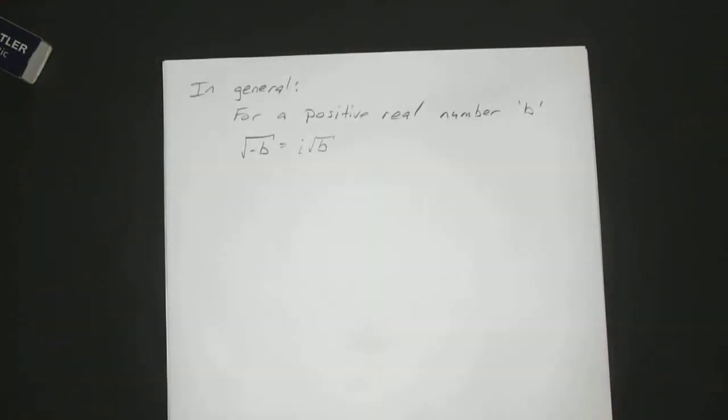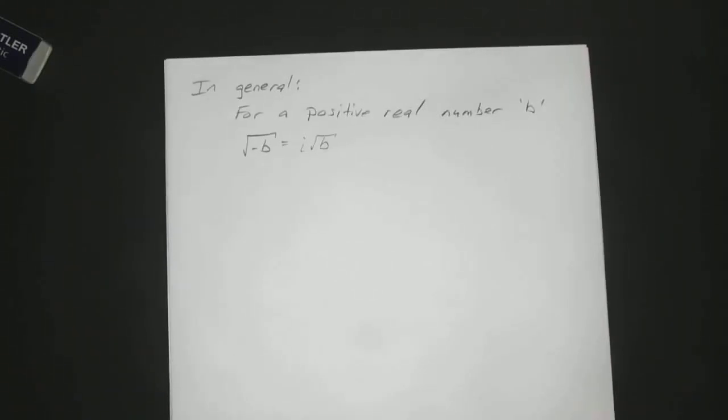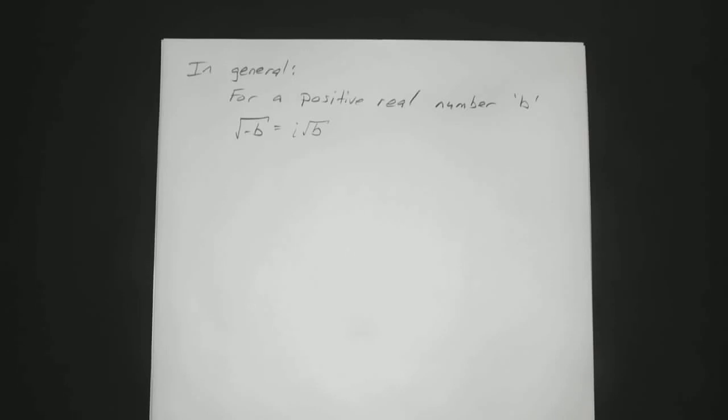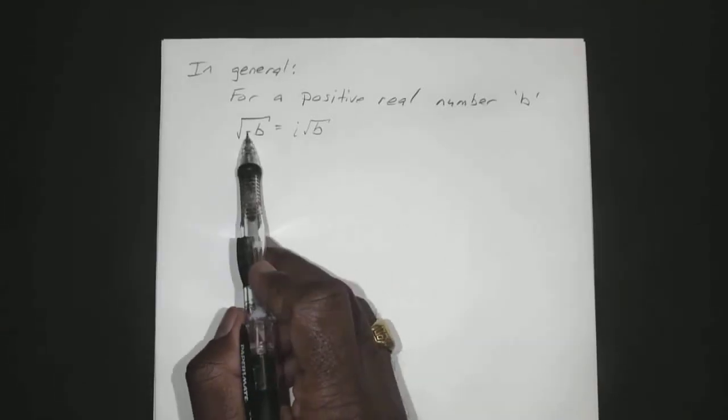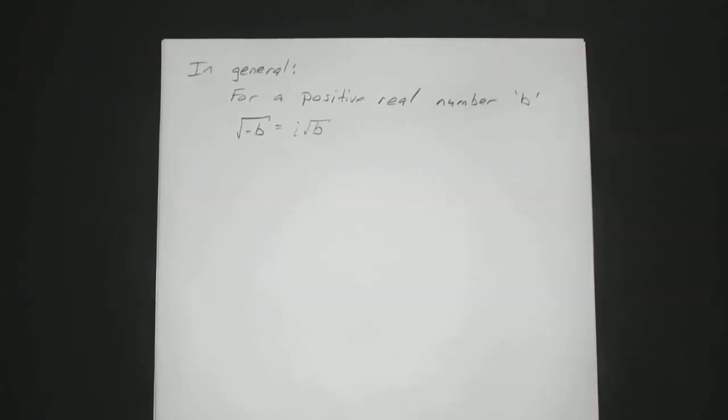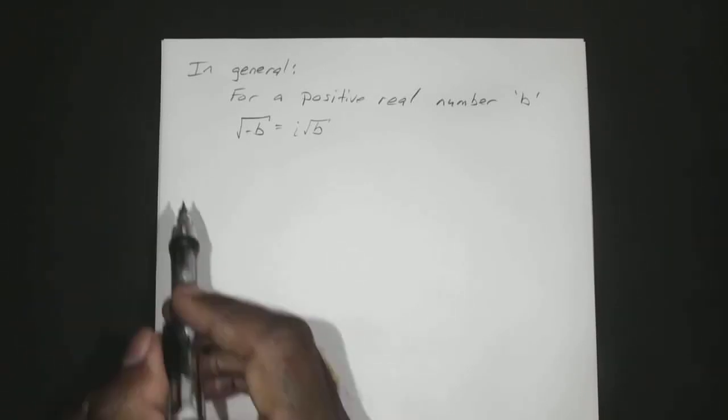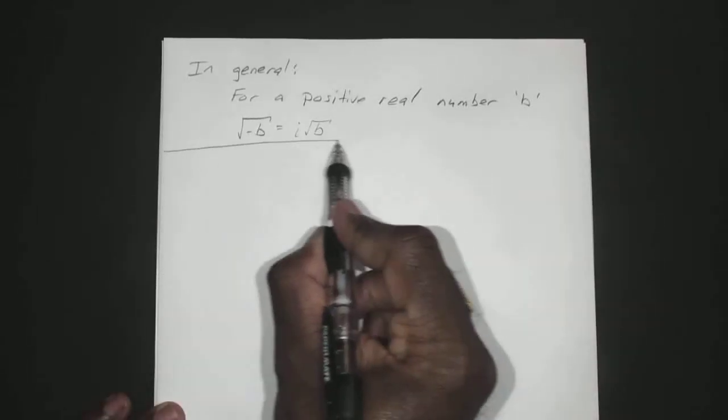I was about to put rational for some reason. So you don't always have to factor it out to -1 times this. When you see that negative, you can just automatically make it i. The reason b has to be positive is because if you have the negative of a negative number, it's positive anyway. Okay.